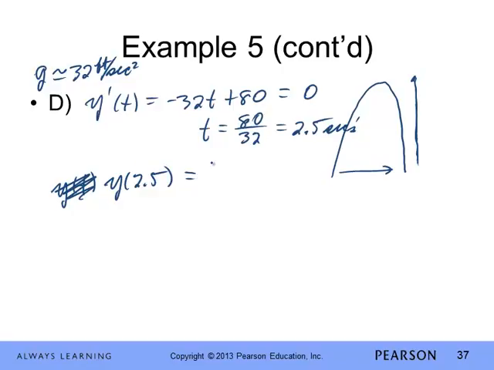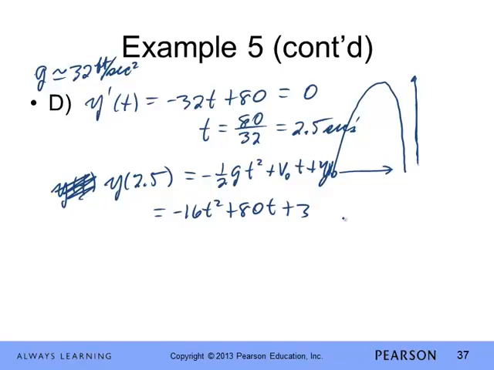Now your y function is negative 1/2 gt squared plus v sub 0 t plus y naught. In our problem, that was equal to negative 16t squared plus 80t plus 3.